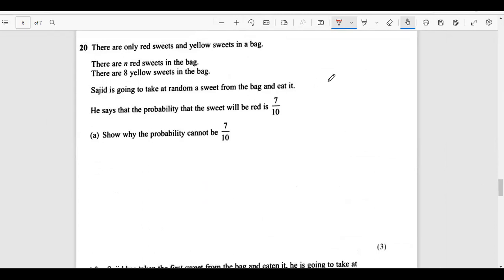There are n red sweets in the bag and there are 8 yellow sweets in the bag. Sajid is going to take a random sweet from the bag and eat it. He says that the probability that the sweet will be red is 7 by 10. Show that the probability cannot be 7 by 10. You can think about it for a minute and then we can do it together.